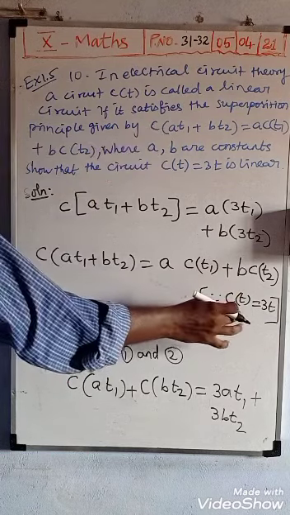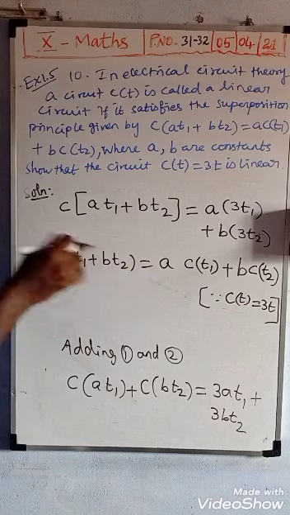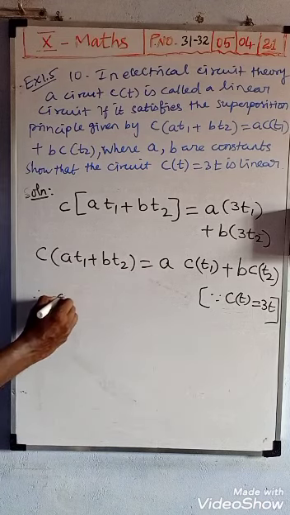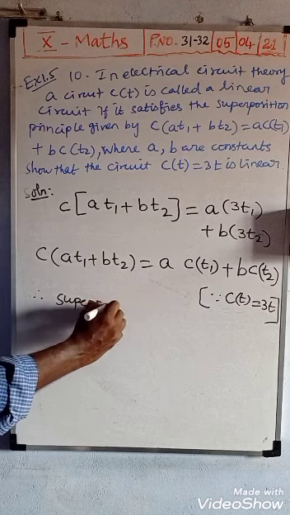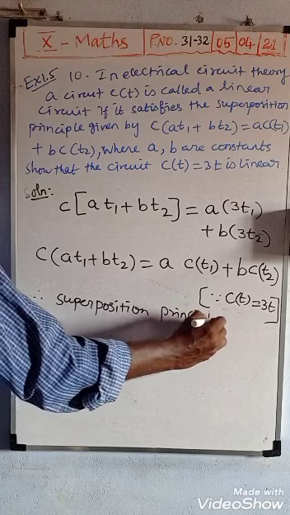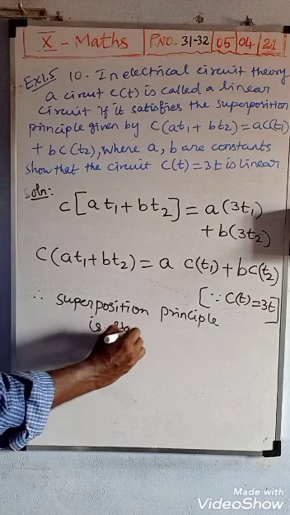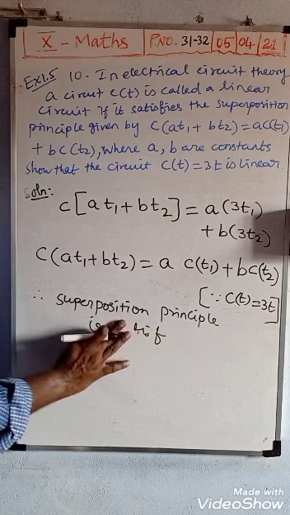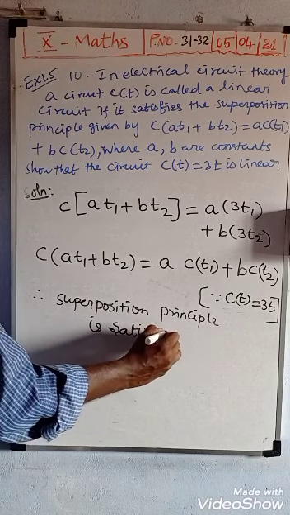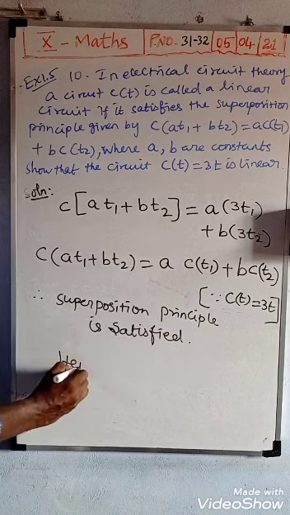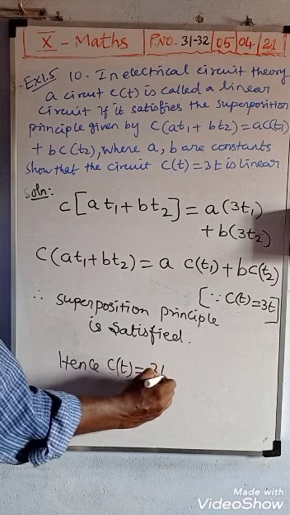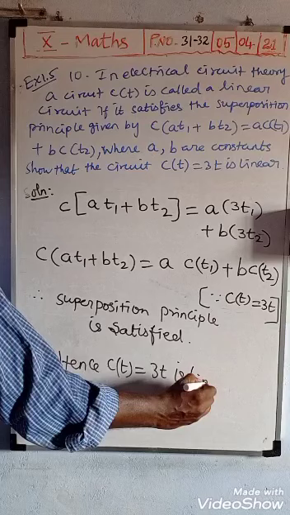Therefore, using this result we got that it satisfies the superposition principle. Therefore the superposition principle is satisfied. Hence C of T is equal to 3T is linear.